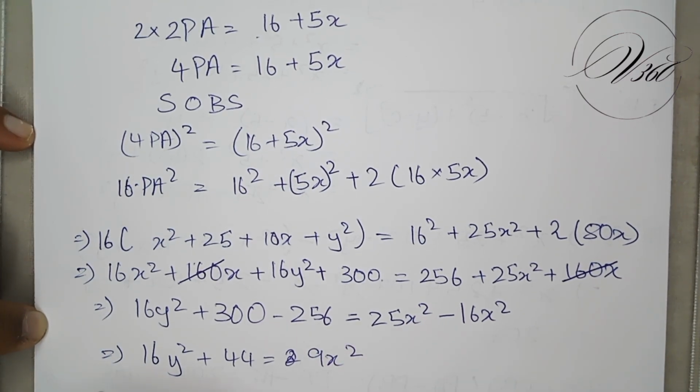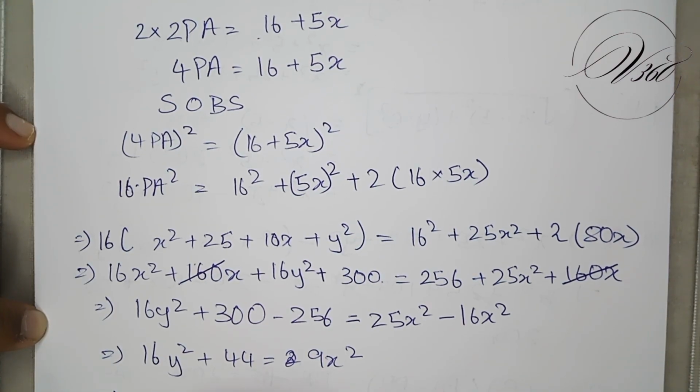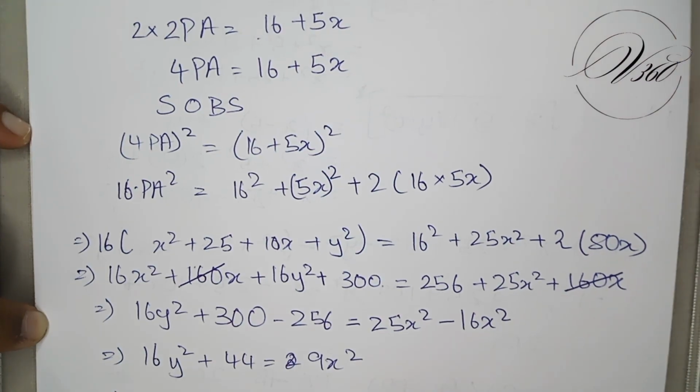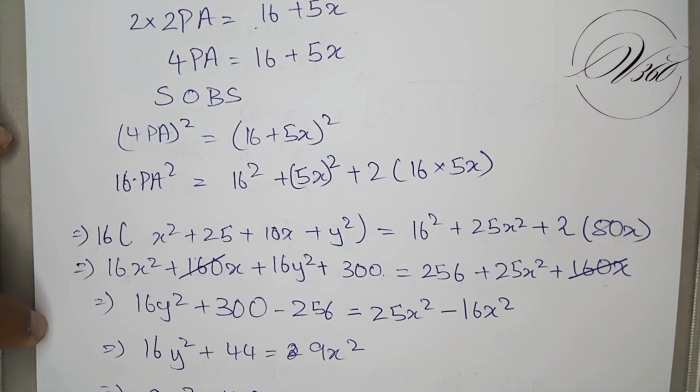Now here totally we'll get the answer: 9x square. We'll take this side minus 16y square. We'll take 44 also this side, minus 44, which is equal to 0. Wait a second. I think you might not see. I'll raise it up.